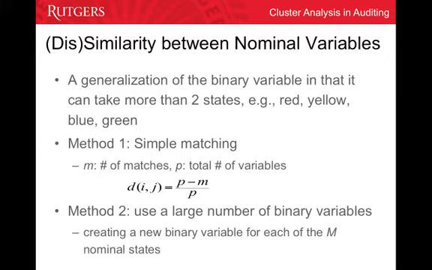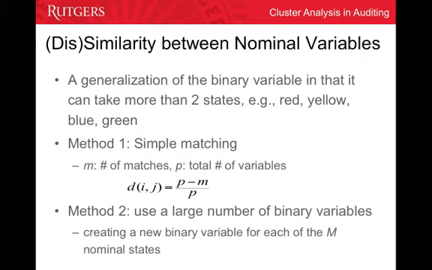We calculate the number of matches between the 2 data objects, and then use the total number of variables minus the number of matches to get the number of mismatches. Then we divide this unmatched number by the total number of variables to get the distance. If we need to calculate the similarity, we just divide the number of matches by the total number of variables.